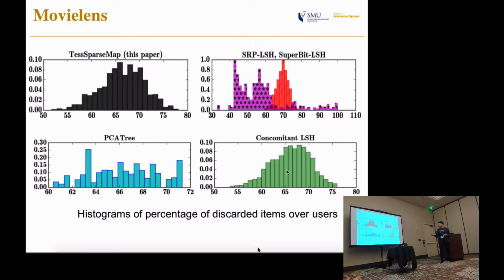You can see that as compared to the baselines, they can discard a relatively good number of irrelevant items for users. So using this scheme, they can discard more irrelevant items for one particular user.